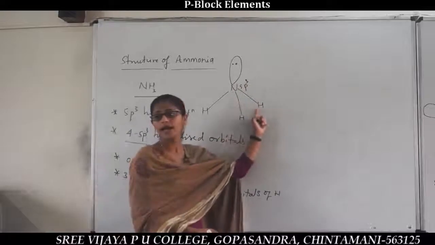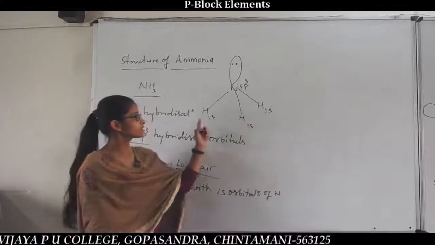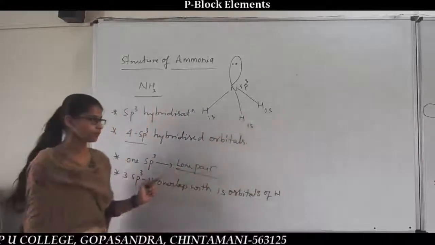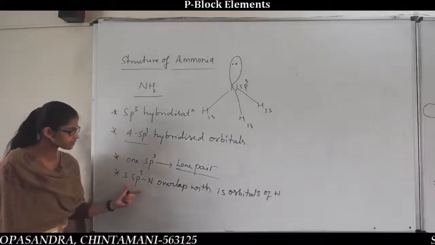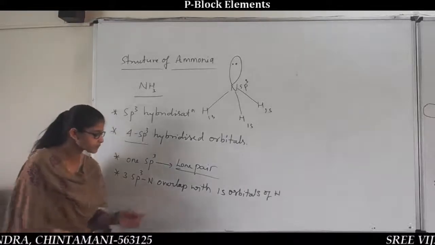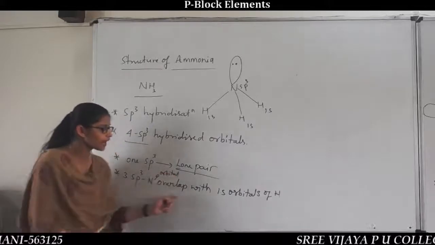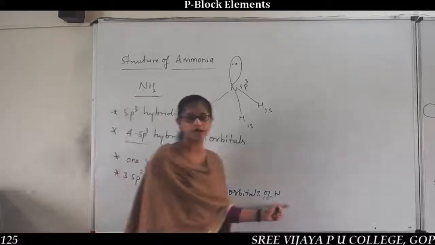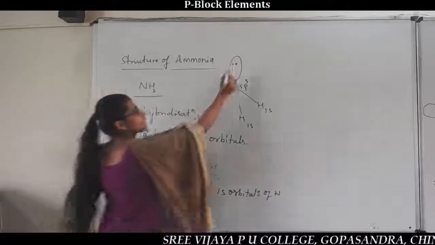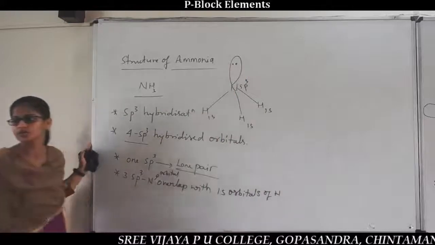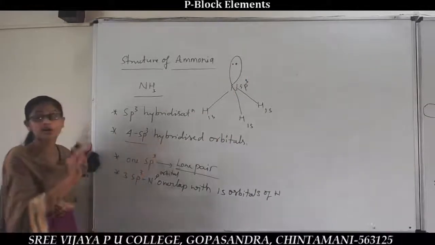It overlaps with one of the s orbitals of hydrogen. So in total 3 bonds of nitrogen and hydrogen are formed, 3 sp3 orbitals of nitrogen overlapping with the 1s orbital of hydrogen. The remaining one sp3 hybridized orbital holds the lone pair of electrons of nitrogen. And the total is 4 sp3 hybridized orbitals.